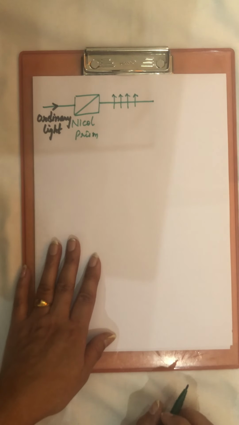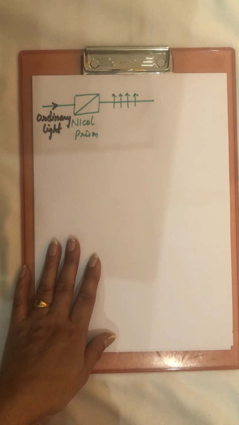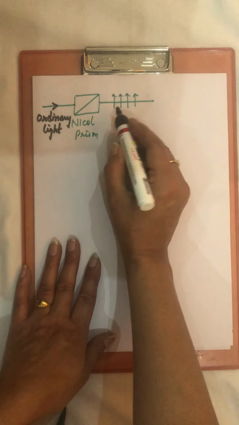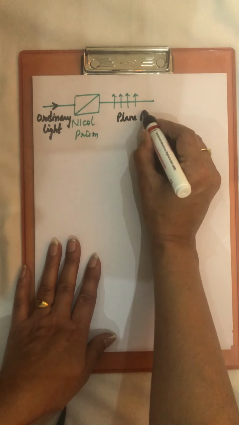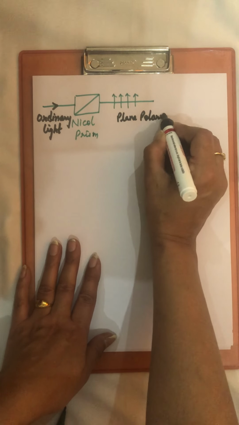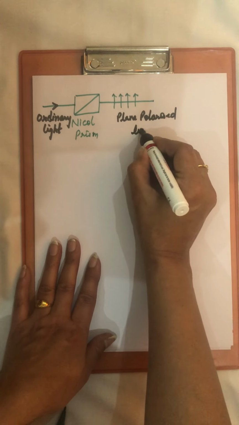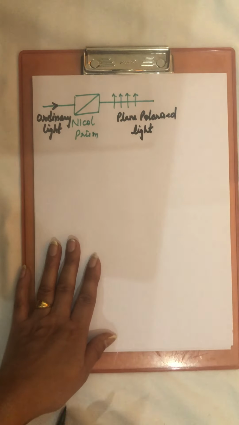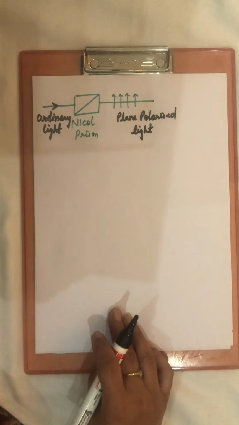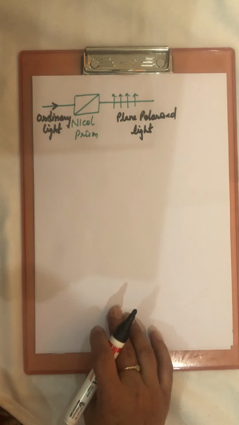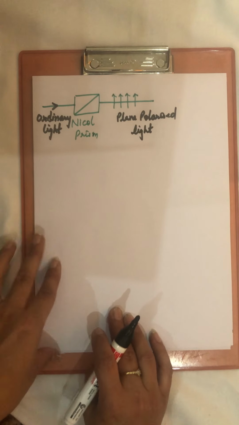Its vibrations in the other planes will be cut off. So if the light is just vibrating in one plane, that is known as plane polarized light. In other planes, its vibrations are cut off.